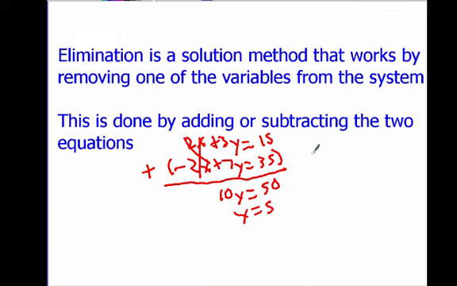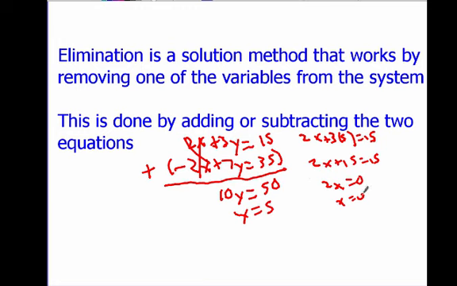Alright? Then if I want to figure out what x was, well, I can just say, hey, y is 5, so 2x plus 3 times 5 equals 15. Well, that's 2x plus 15 equals 15. That says 2x equals 0, x equals 0.